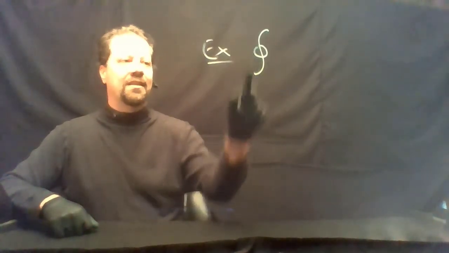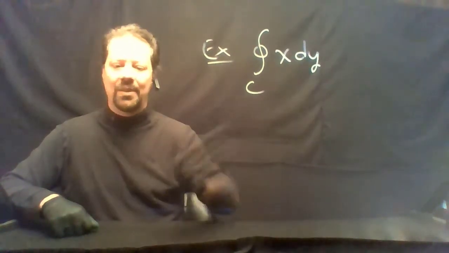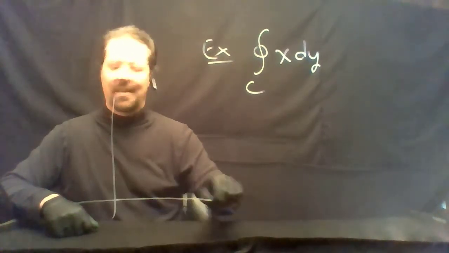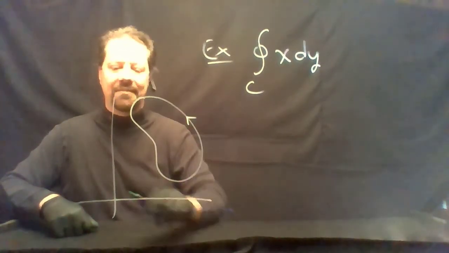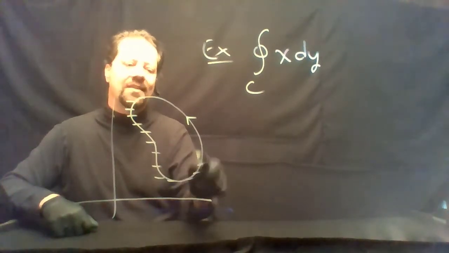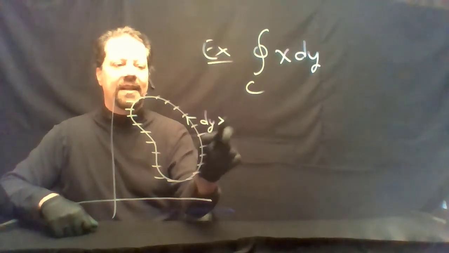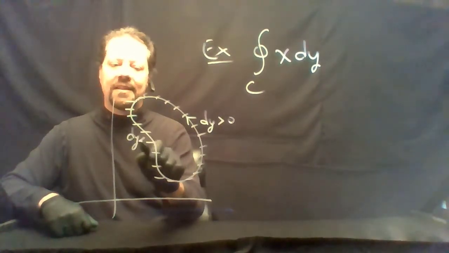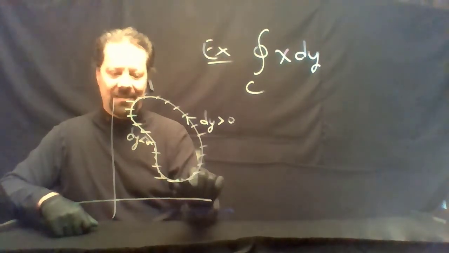If we're integrating on a closed loop x dy, what do we get in this case? Let's go back to our generic kidney-shaped lamina. In this case, we're partitioning this along dy's. dy on this side is positive, dy on this side is negative because we're going down as we go on this side.